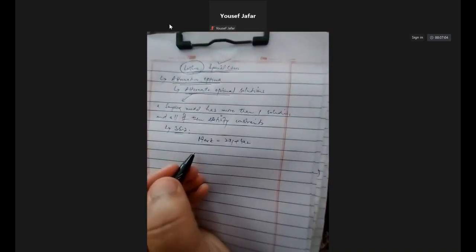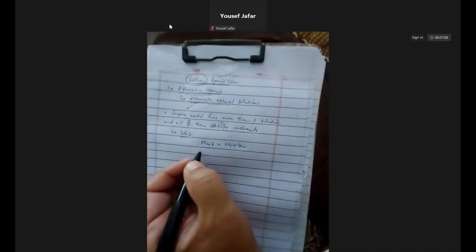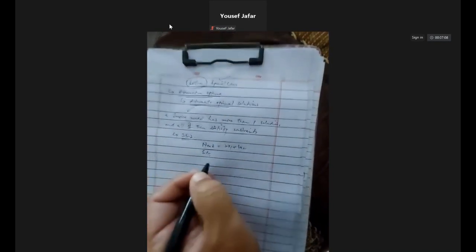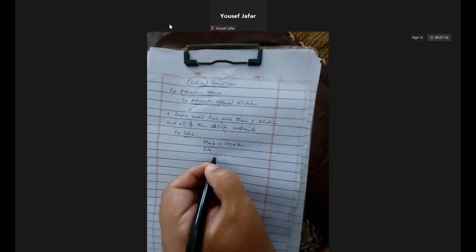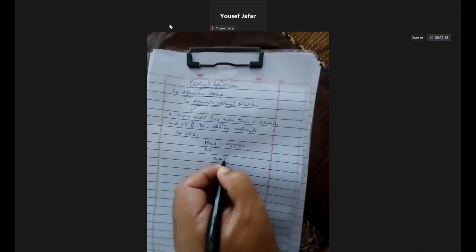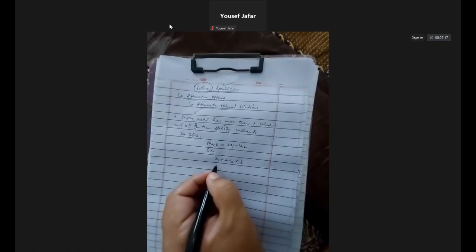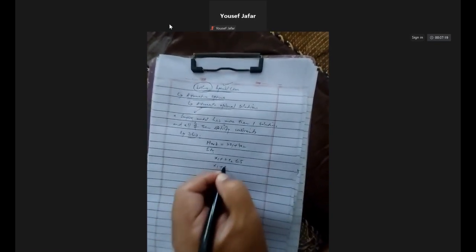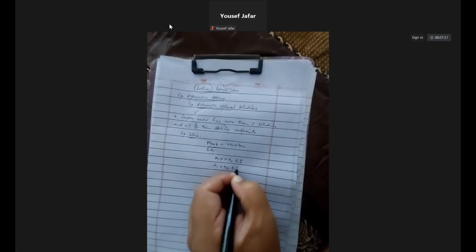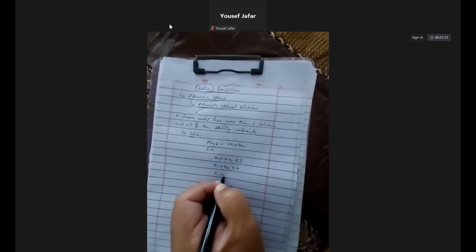This is the objective function, and it is subject to the first constraint x1 plus 2x2 less than or equal to 5, and the second constraint x1 plus x2 less than or equal to 4, and x1, x2 greater than or equal to 0.